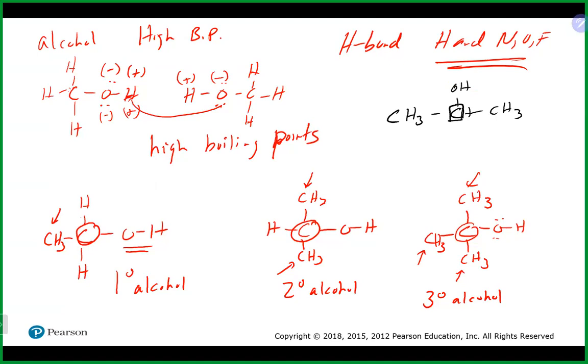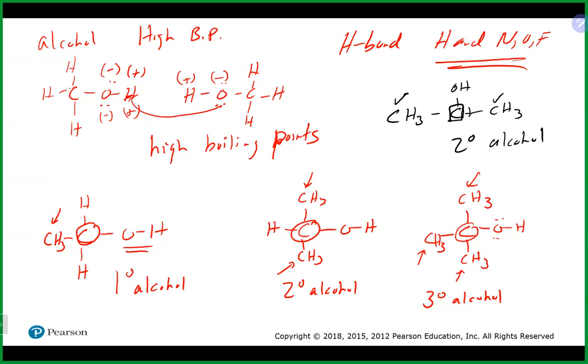This is the carbon that has the OH group attached to it. It has 1 and 2 carbons directly attached to it. It would be a secondary alcohol in this case, yeah. Question on that there. So again, you're not looking at how many carbons are attached to the OH group, but you're actually looking at the carbon that has the OH group attached, and how many are attached to that carbon. Any questions on identifying those?